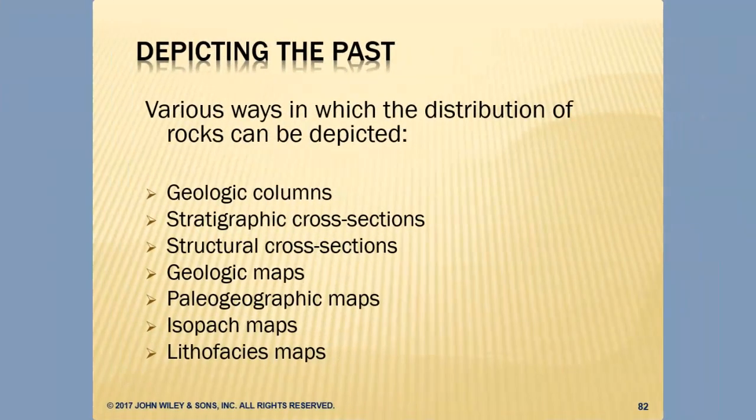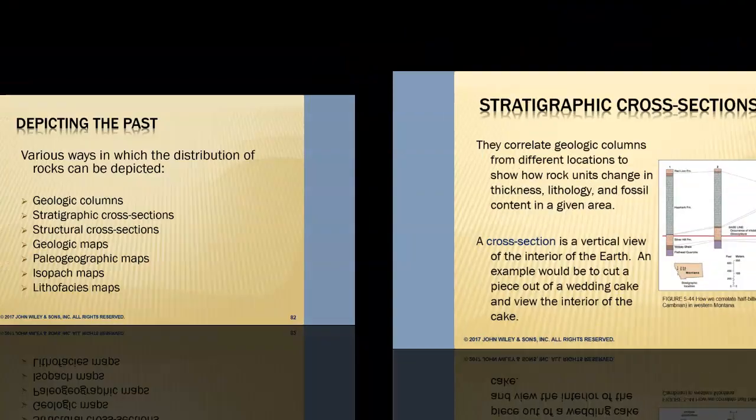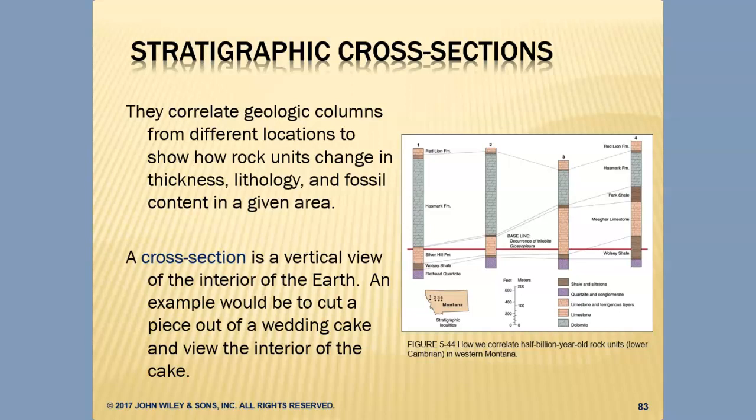There are various ways in which the distribution of these rocks, these formations, can be depicted. They can be depicted in geologic columns. Here are some geologic columns, and we can see the rocks in cross-sectional views. We saw this in one of the labs that we did. You're able to use these geologic columns in order to correlate rocks from one region to another.